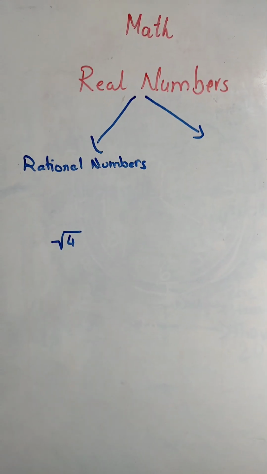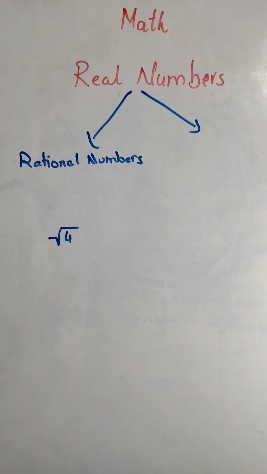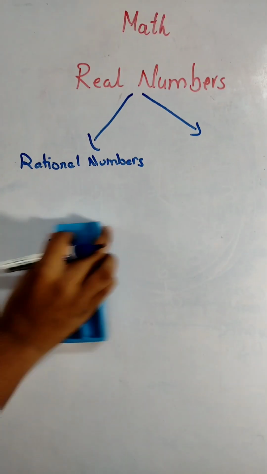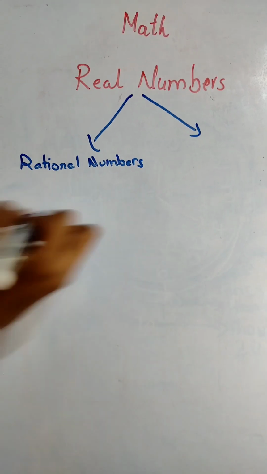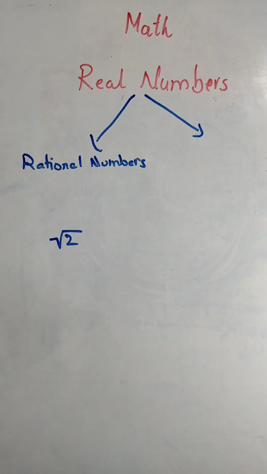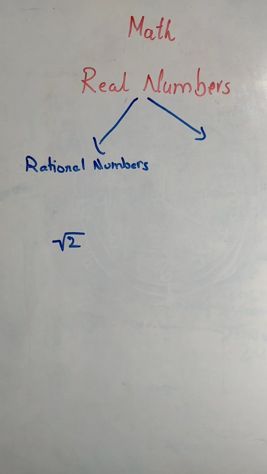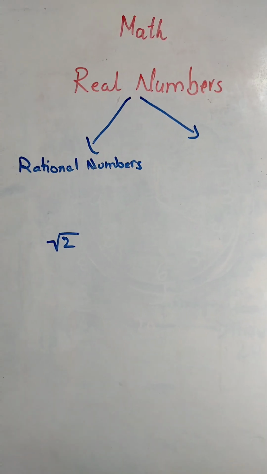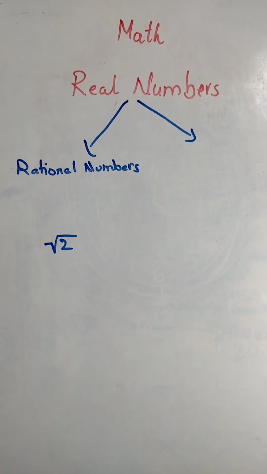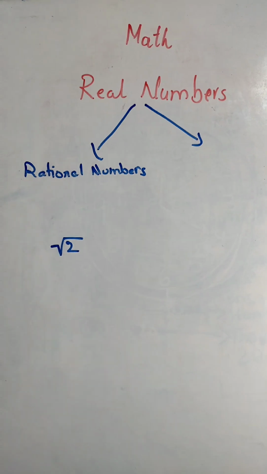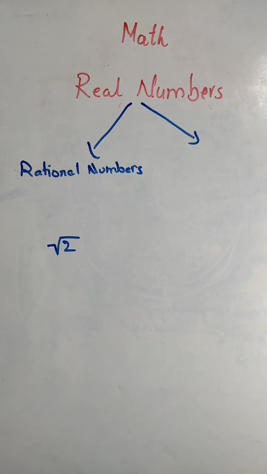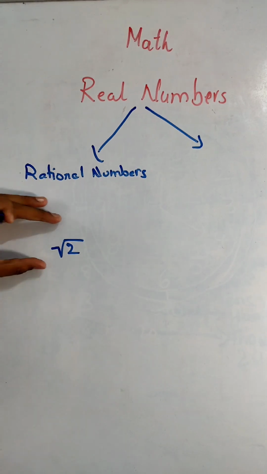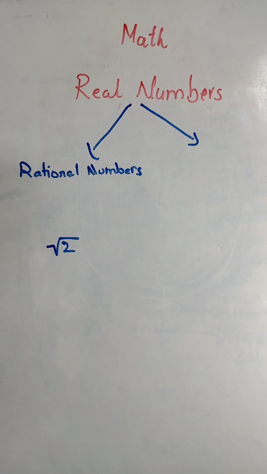But how can we mark a number like root 2 on the number line? We don't know the exact value of root 2. We don't know exactly where it lies. We cannot give an exact location for it visually. And plus, these numbers cannot be written in the form of rational numbers.